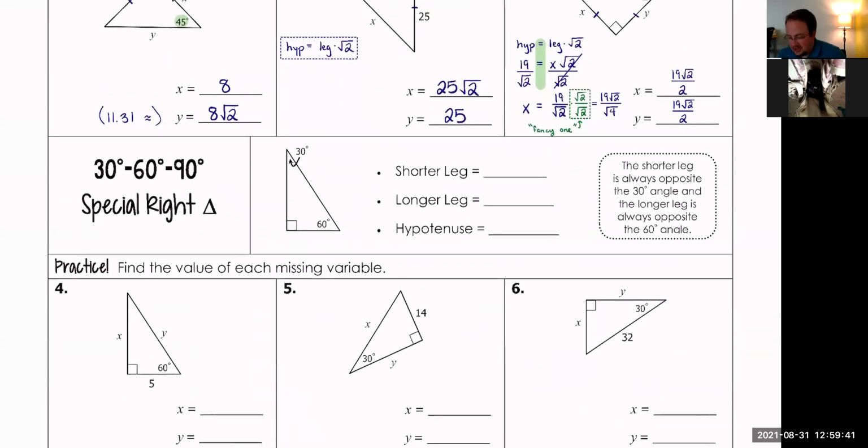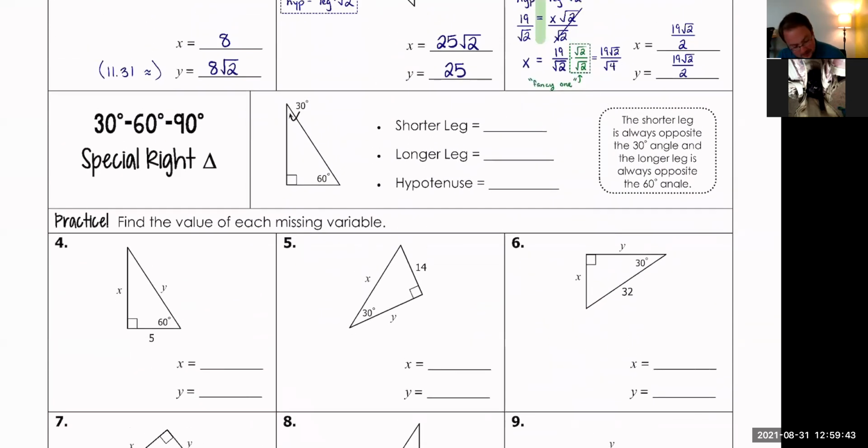The one that's a little bit trickier is a 30, 60, 90 triangle, which if you think about it, that still adds up to 180. The thing about a 30, 60, 90 special right triangle is that neither leg is the same because their opposite angles are different, so the sides are different.